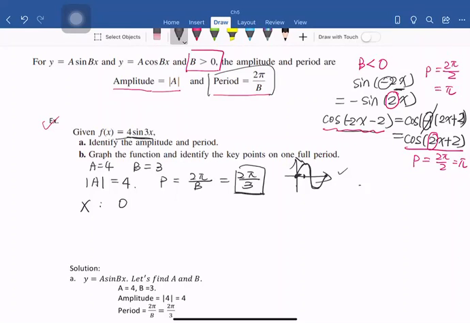That means I use 1/4 times 2 pi over 3. That's pi over 6. So from 0, I add pi over 6, I got pi over 6. After that, I add pi over 6 again, I got 2 pi over 6, that's pi over 3. Pi over 3 plus pi over 6, that's pi over 2. And pi over 2 plus pi over 6 is 2 pi over 3.